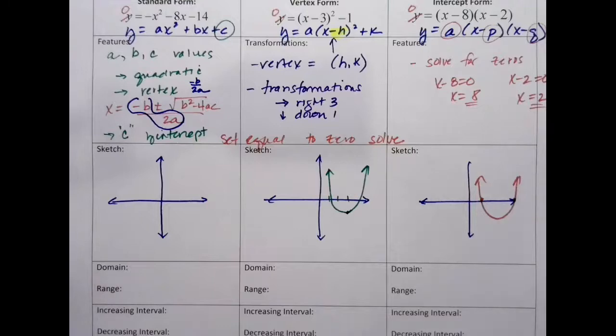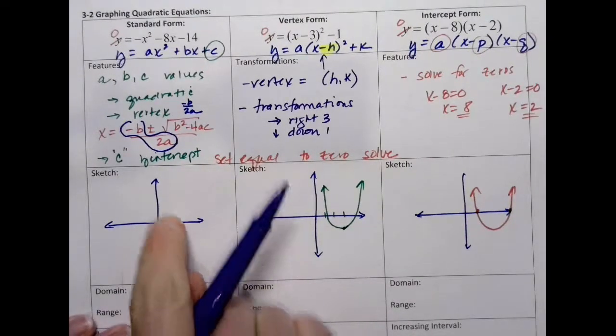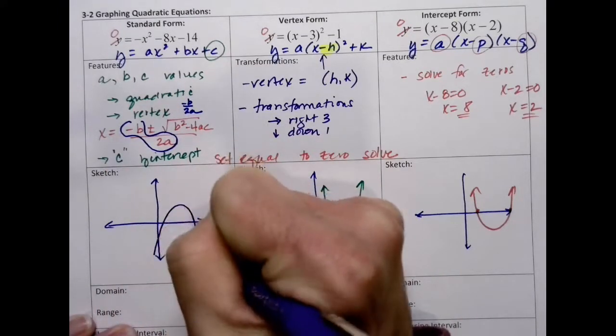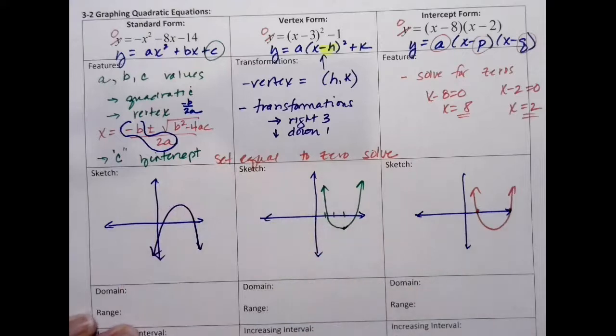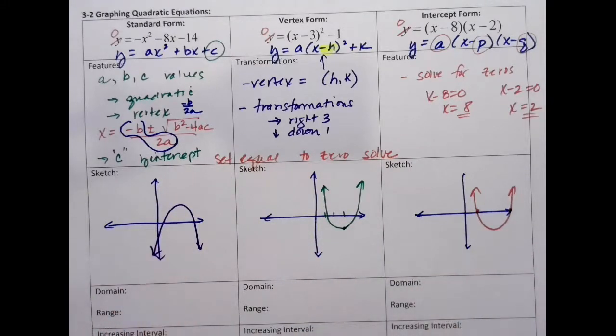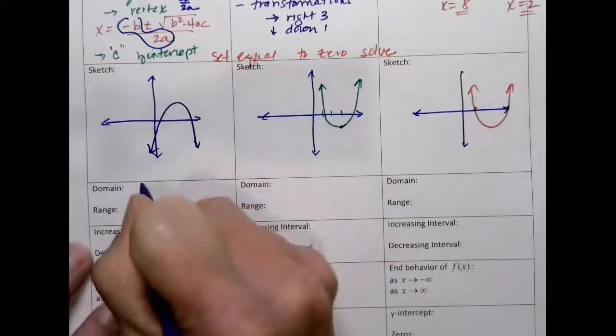For our graph here, it's a little harder to determine the vertex, but I do know it's down like a frown, and I do know that it crosses my y-axis at 14. So I know that's going to be my case. Now, for each of these conversations about domain and range, anything can go in.